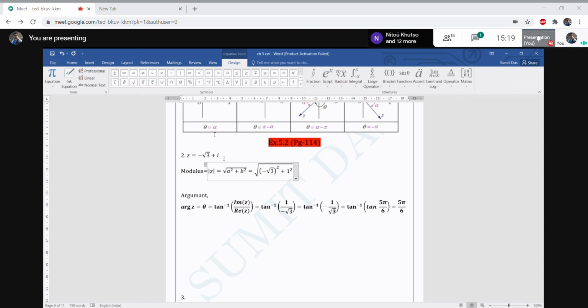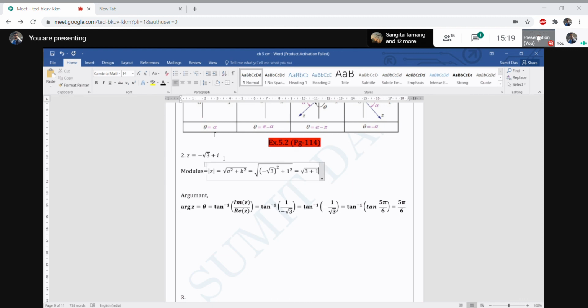If you simplify this, minus root 3 squared is 3, plus 1, which is equal to square root of 4, which is equal to 2. So modulus equal to 2, and argument equal to 5 pi by 6.